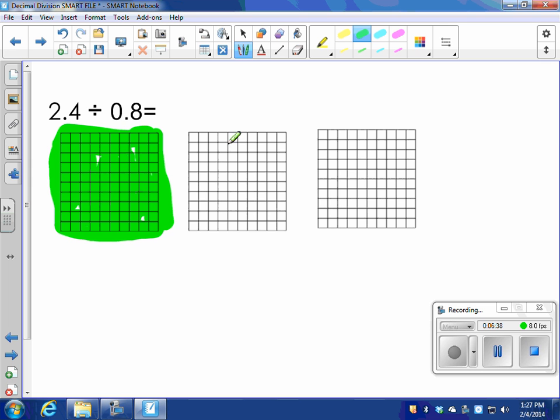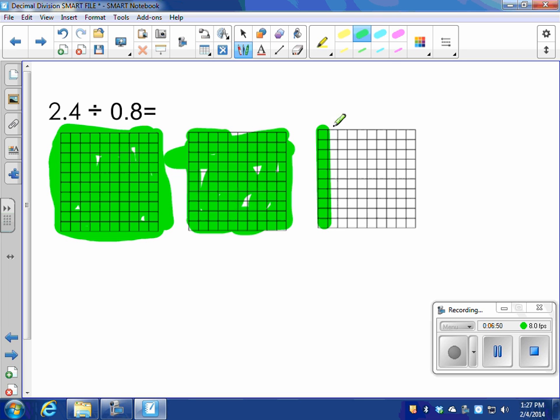So there's 1 whole, 2 wholes, and then 4/10. And I want to divide this up into groups of 8/10. So here's one group of 8/10.